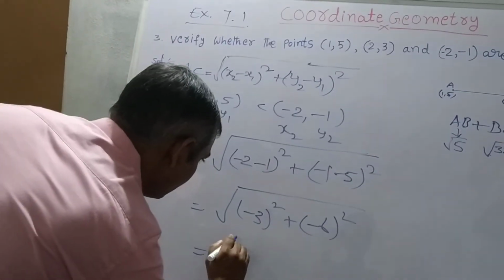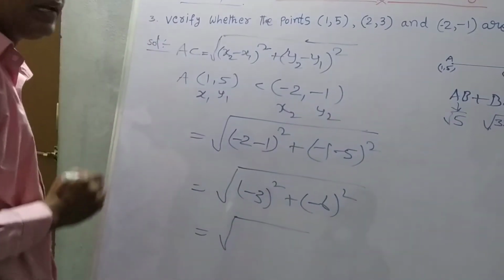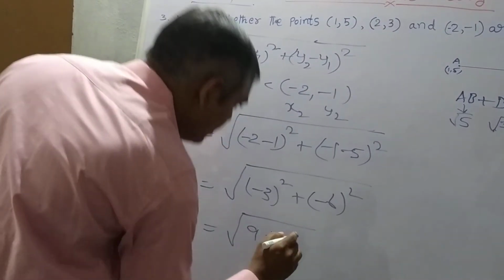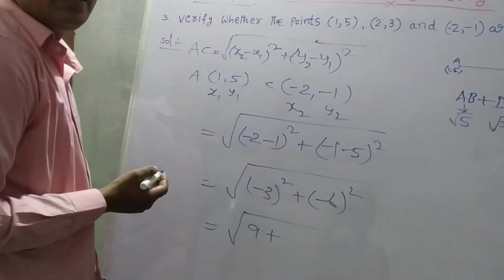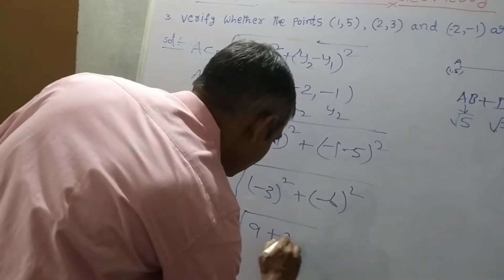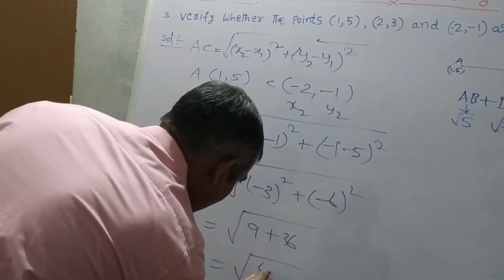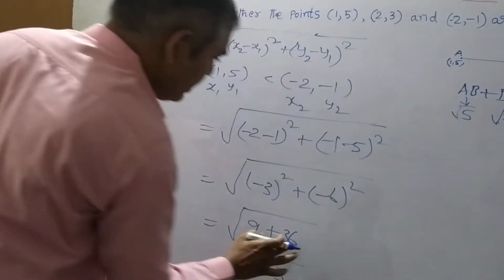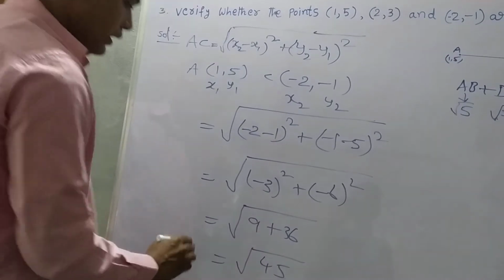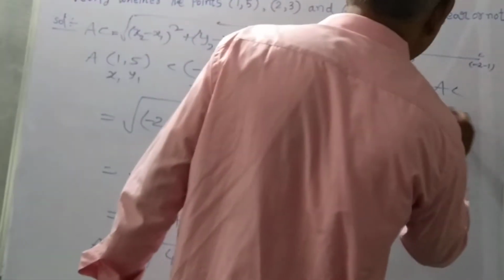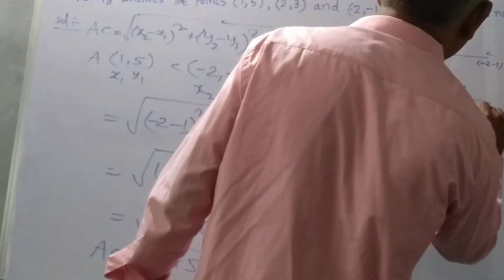Minus 3 whole square means minus 3 into minus 3, plus 9, minus 6 into minus 6, plus 36. That is equal to under root 45. 36 plus 9 is equal to 45. The AC value is under root 45.